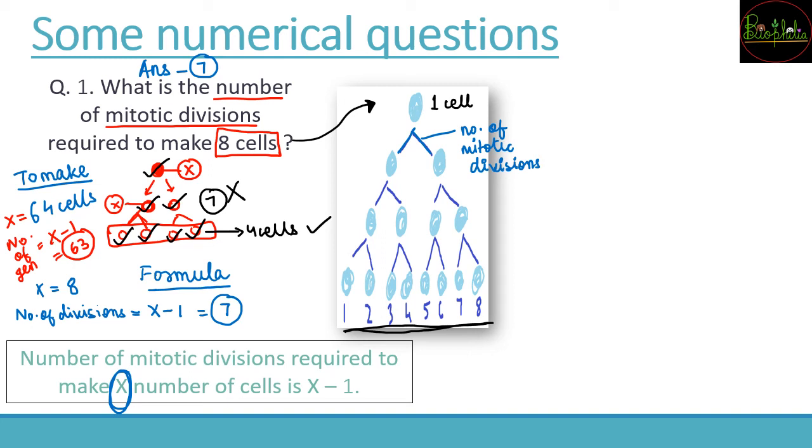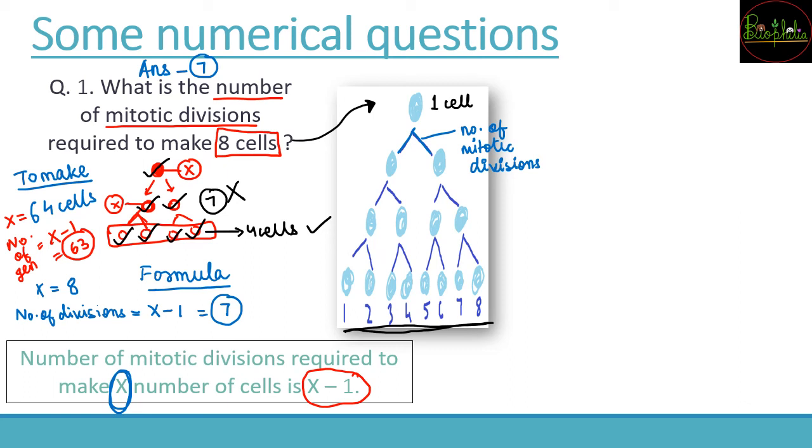So now you imagine if you had to draw 63 V's like these to get the answer, and that would be consuming your time, as well as आपको exam में इतना paper content भी नहीं मिलेगा that you try to draw this entire diagram and consider solving how many mitotic divisions it will take to form 64 cells. So now as you have this little formula, very easy to remember, x number of cells के लिए you need x minus 1 number of mitotic divisions.